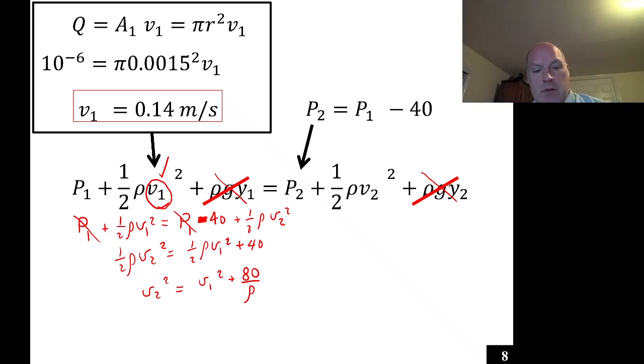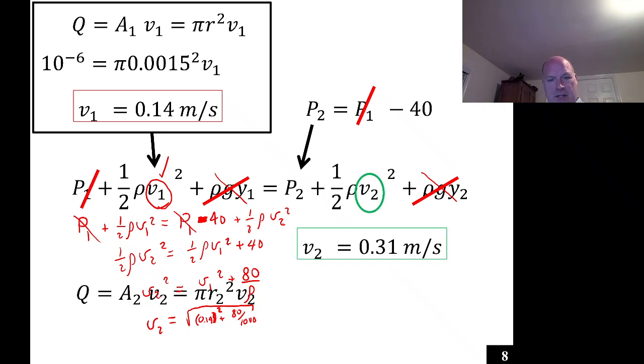Then if you want, you can say V2 is equal to the square root of V1 squared plus 80 over 1,000. I just plugged in the density. And actually we know V1. Why don't I say 0.14 squared. And so then you'd plug that in. So that's all done here.